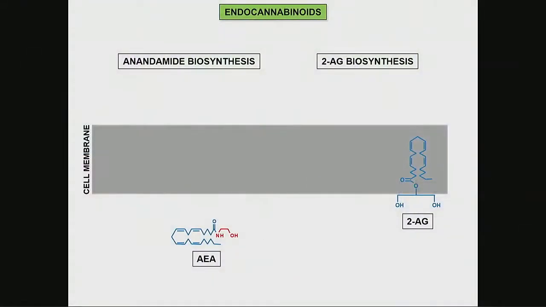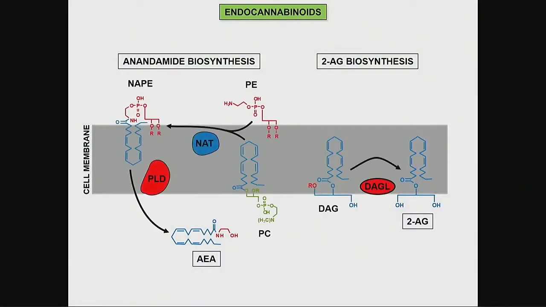This is a very simple scheme where you can see this. This in gray is the cell membrane, the surface of our cells, and we have complex lipids there that are broken down to produce anandamide when it's needed. These two things here are the two enzymes responsible for that. And we have a similar system to generate the other endocannabinoid, 2-AG. The name of the enzyme is here, it's not important.